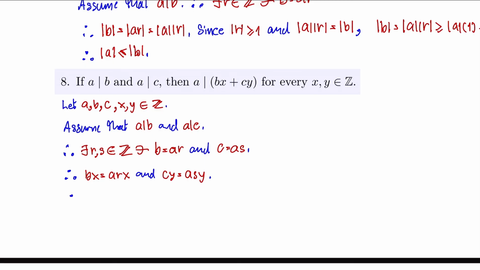So what do we have right here? We're gonna have bx plus cy, and bx is arx. And cy is asy. And we can factorize a, so we're gonna have a times rx plus sy.